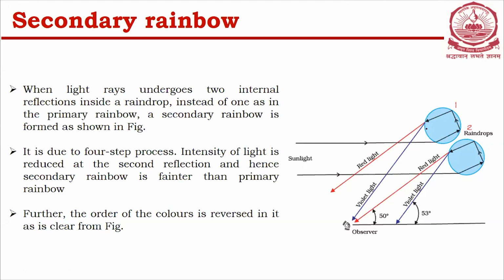This is for red light, and you can see the sunlight incident, it appears here and comes out. And this is also here the other drop. Because of this, you get the secondary rainbow. These are the two rainbows, the primary and secondary, which are applications of scattering, refraction, and reflection.